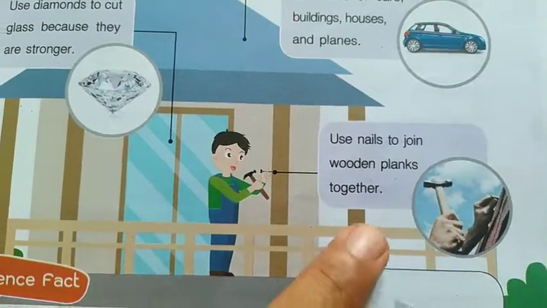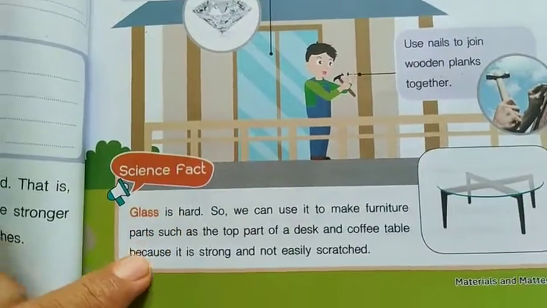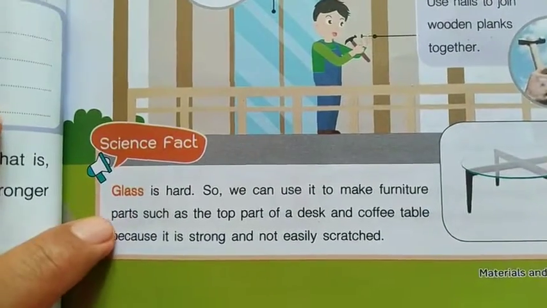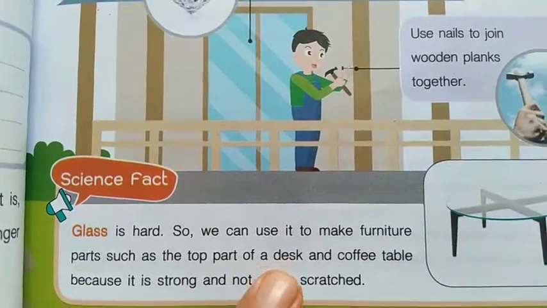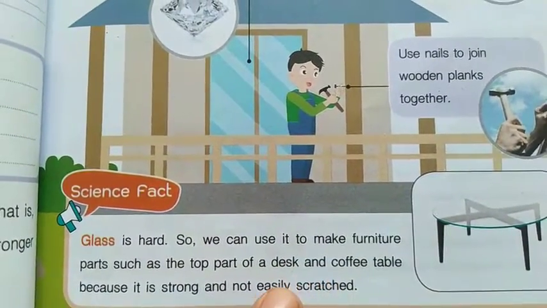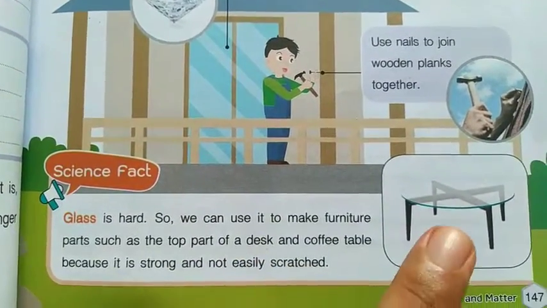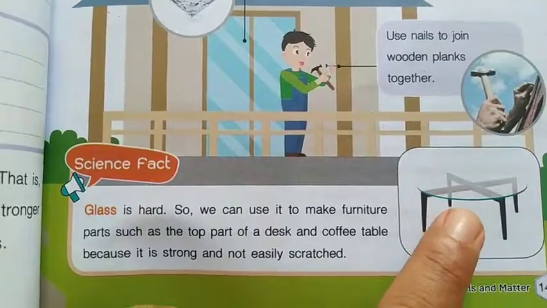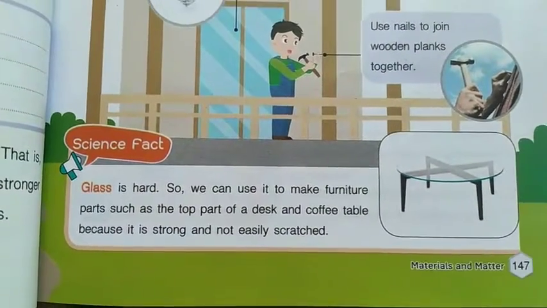And use nails to join wooden planks together. Now here's a fact about the science. Glass is hard, so we can use it to make furniture parts, such as the top part of a desk and coffee table, because it is strong and not easily scratched.